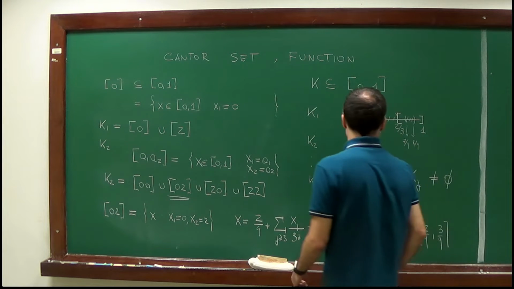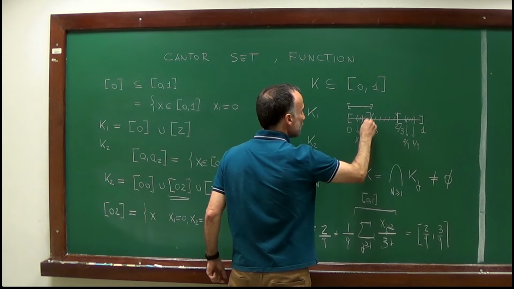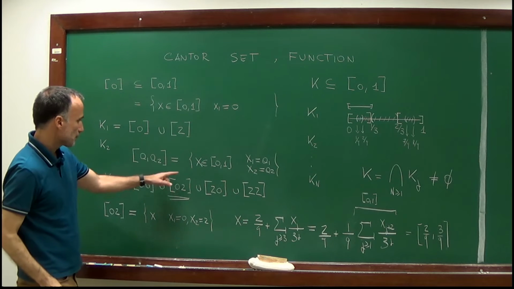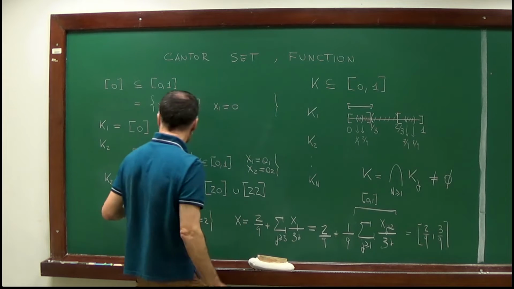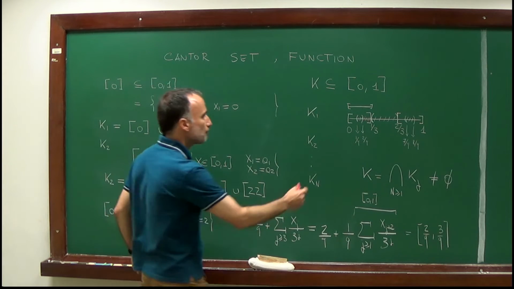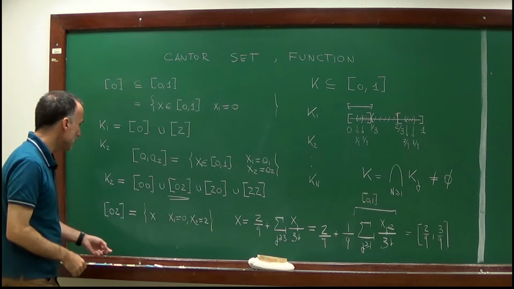Okay, which is exactly this interval over there. So this second set corresponds to this second interval, the first one to the first interval, and we have here all 4 intervals.